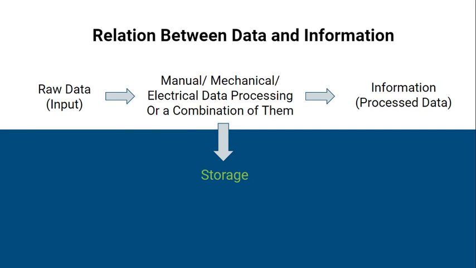The data that has to be provided into the system for processing has to be accurate or correct. If you provide the system with wrong data, it will process that wrong data and it will provide you with wrong information in the form of output. This thing has to be kept in mind.